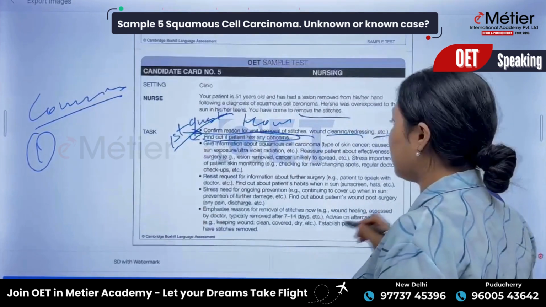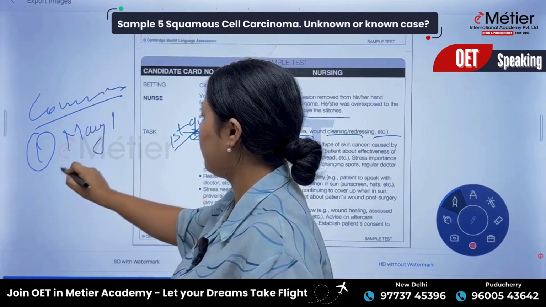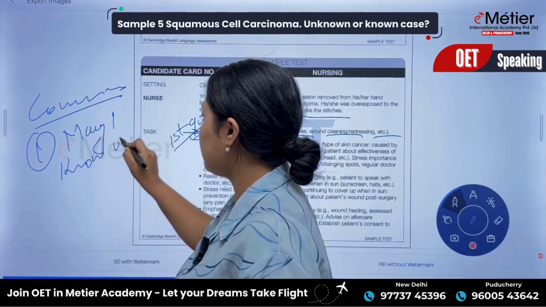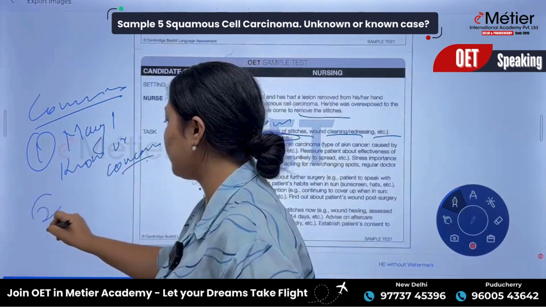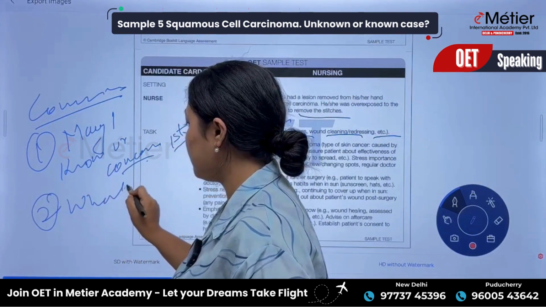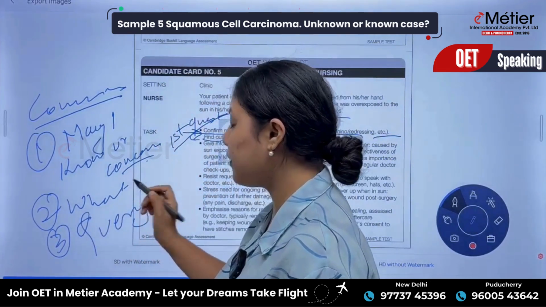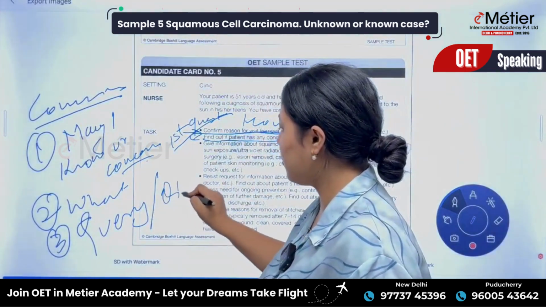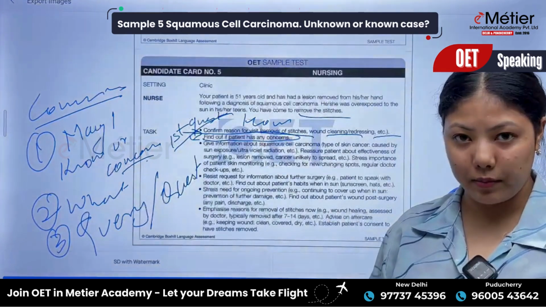We can simply ask, may I know your concerns, or what is bothering you? Do you have any query? Do you have any questions for me? So, these are all the ways of asking concerns of the patient.